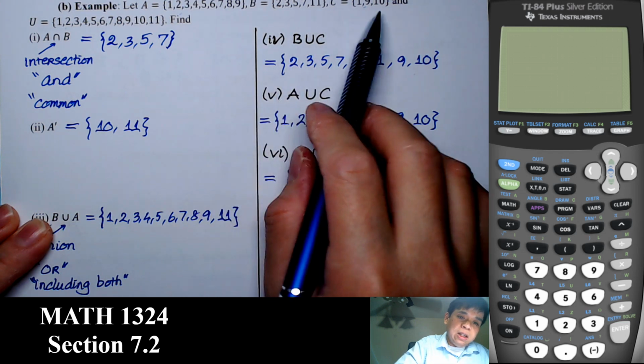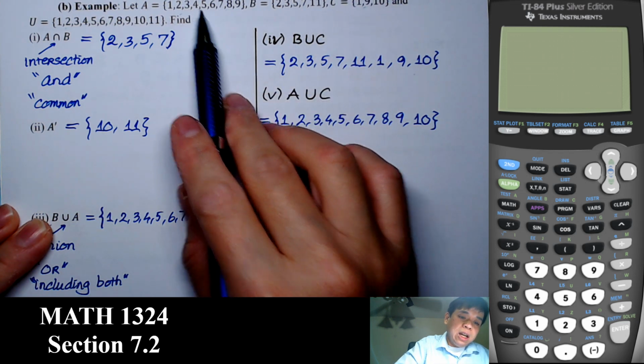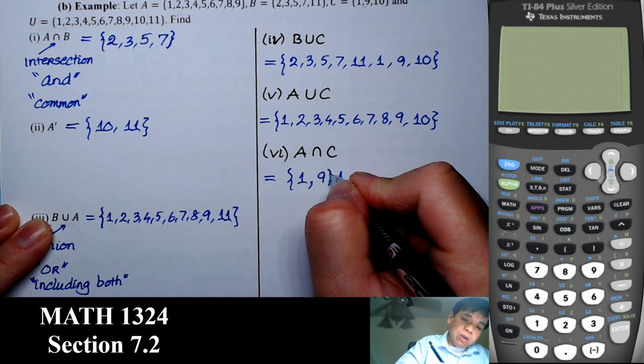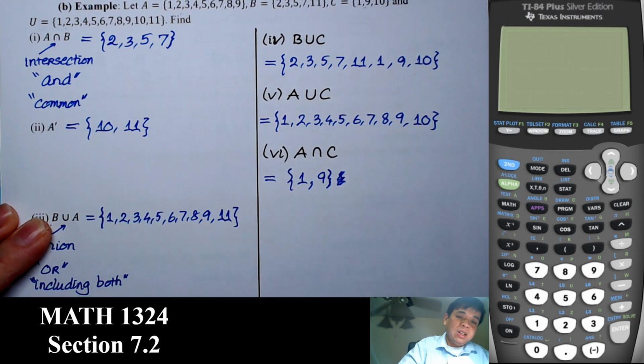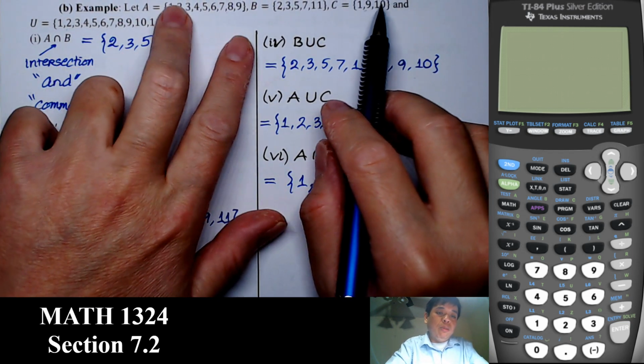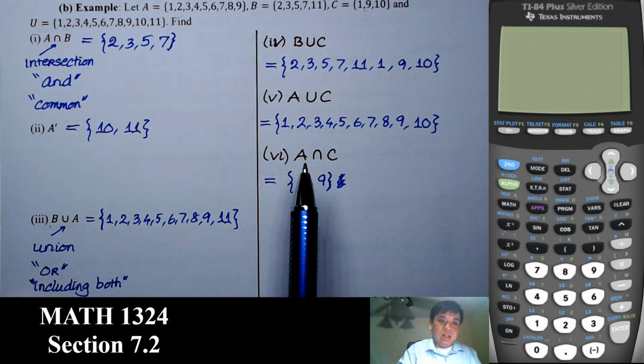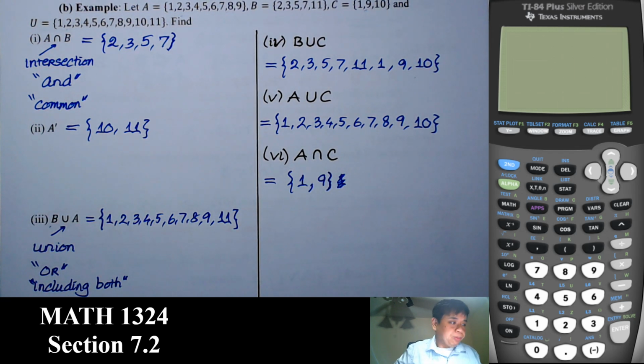Is there a 10? 10 is only in C but not in A, so 10 doesn't work either, so that's all we have. Just 1 and 9. That is in both A and C. So that's what the intersection means.